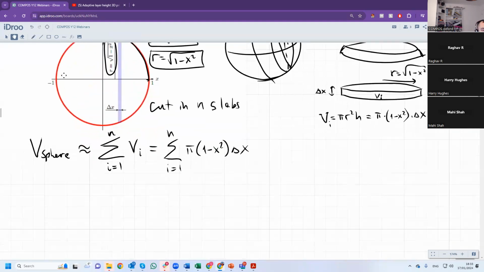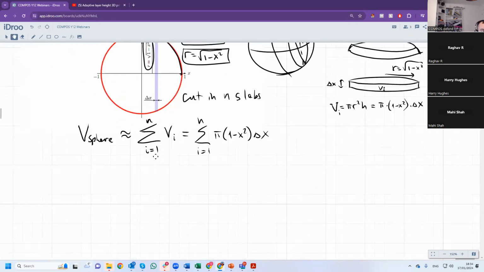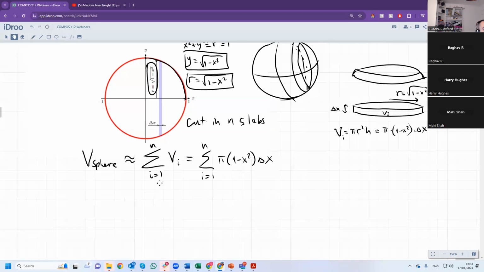Okay. Now, the problem is that it's an approximation. To make it equal to the sphere, we need to make the slabs infinitely narrow. So the size of the ring has to get very, very small.